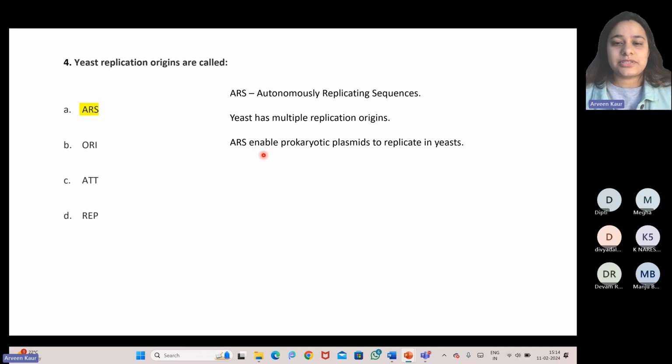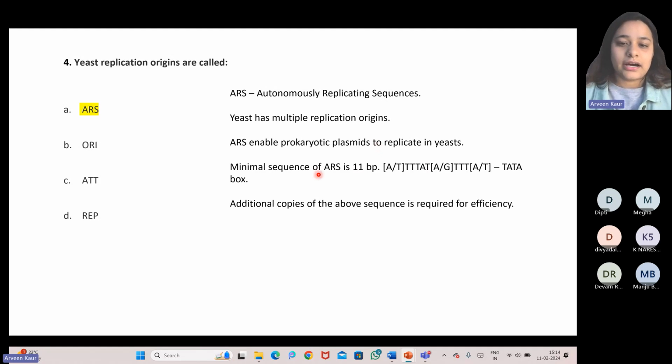The ARS enables prokaryotic plasmids to replicate inside the yeasts also. And yeah, if you have studied molecular biology as one of your courses in your colleges, you might remember that this sequence has a very special name assigned to it, which is Tata box, right?